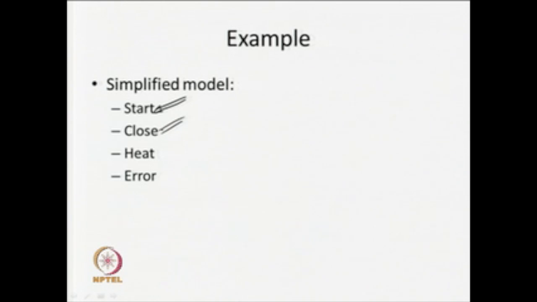Close indicates whether the door is closed or open. When we start, the heating coil will heat up and the food will be cooked, so another important signal we need is heat. Sometimes the oven may go into an error situation, so we take another signal called error. With the help of these four signals, we will design our controller.